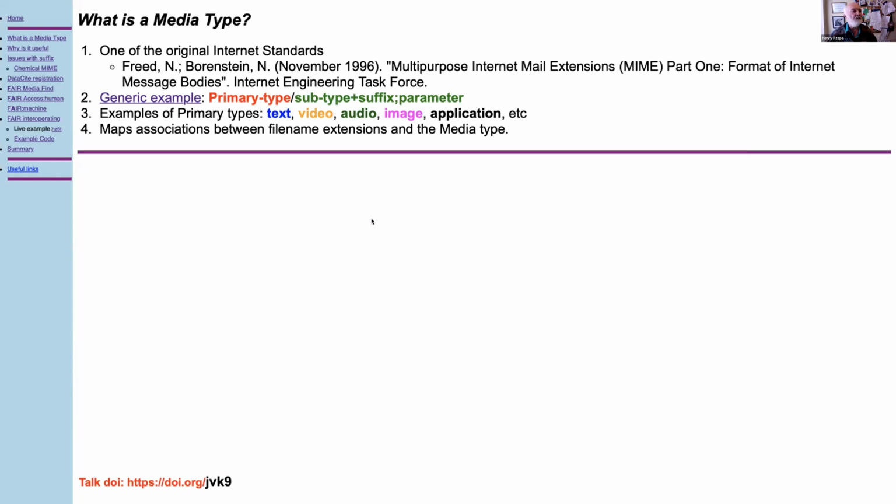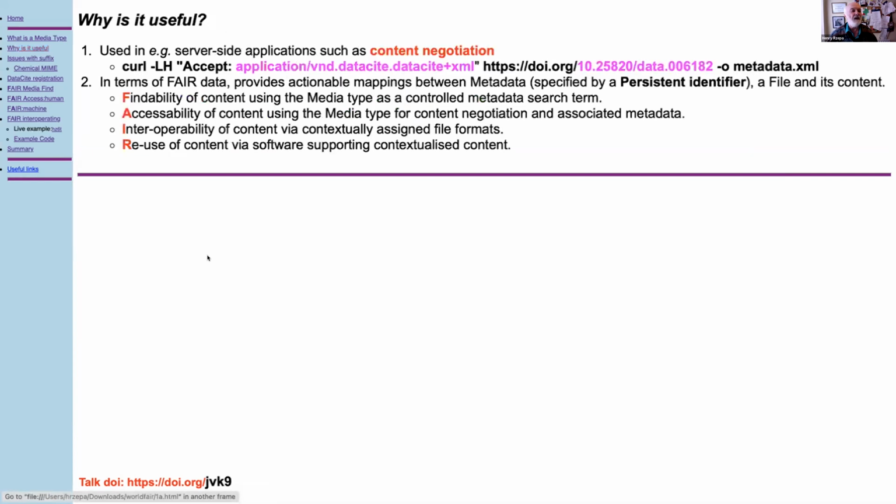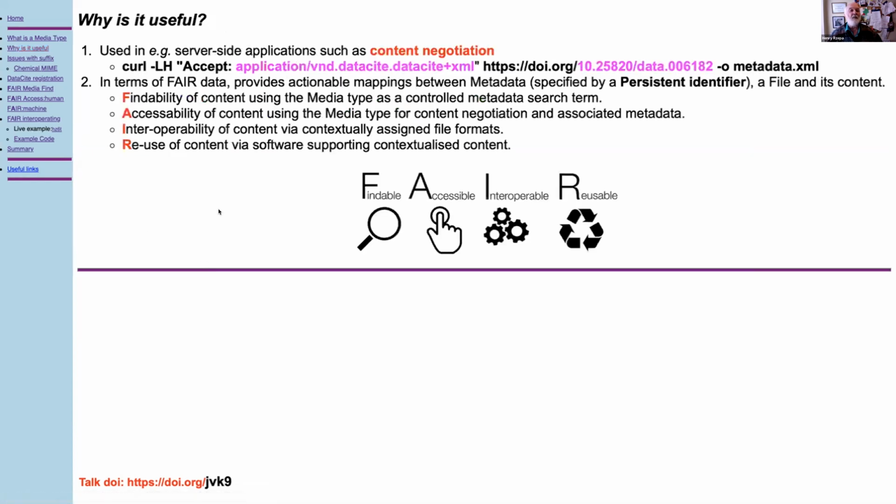And to make it more concrete, I'll give you an example of how it could be used even today. So this is a command line which has a media type in magenta, and then a target server, which happens to be a DOI.